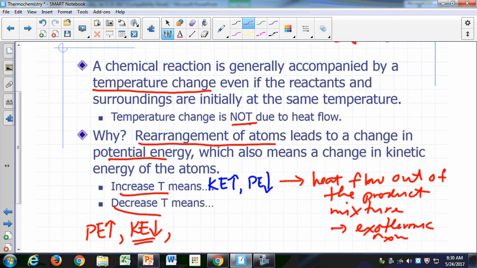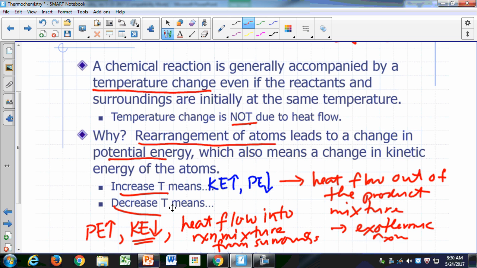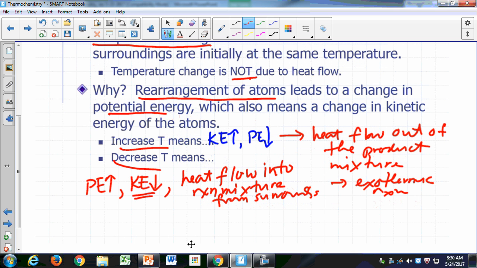And lower kinetic energy, which means a lower temperature, means it's now colder than the surroundings, so heat has to flow into the system, into your reaction mixture, from the surroundings. And in this case, you have what we would call an endothermic reaction.